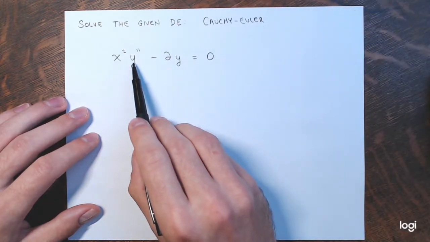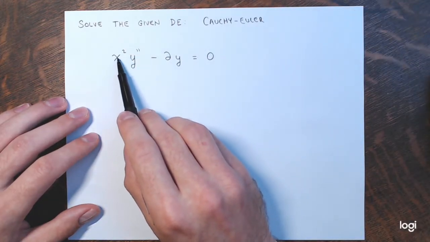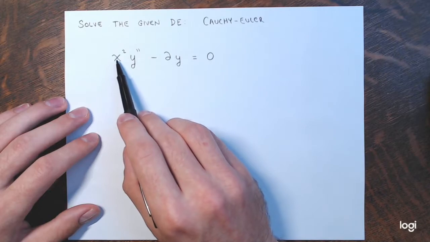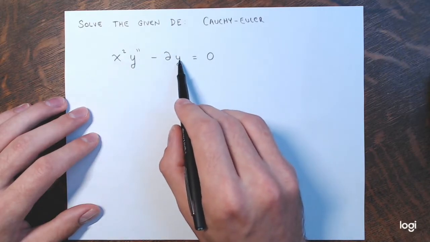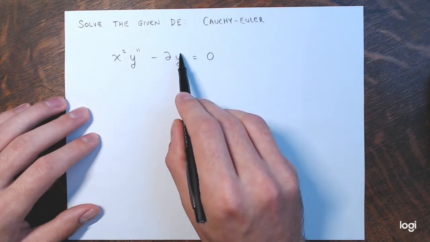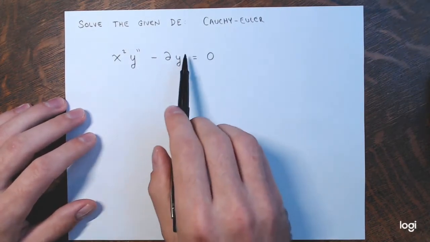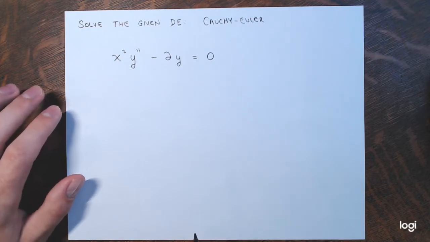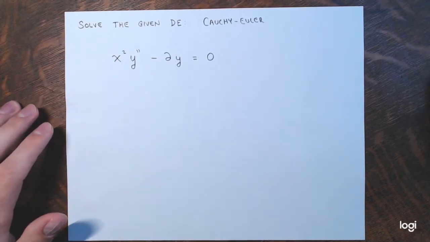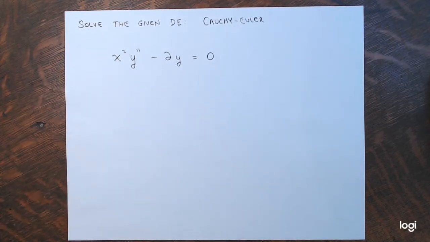You see I have the second derivative has the second power of x attached to it. And then the 0th derivative, y itself, has no x. And it's all the y stuff on one side, 0 on the other. So this is a homogeneous Cauchy-Euler equation that is second order and linear.